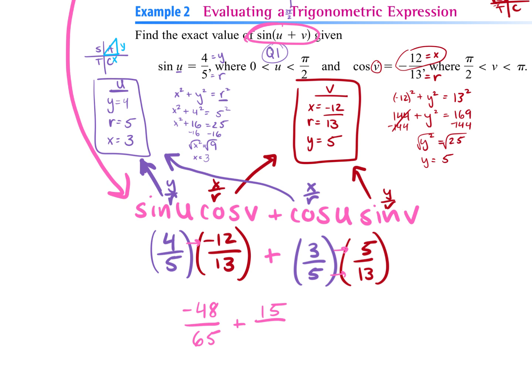Over 5 times 13 is 65. So when we add our numerators together, negative 48 plus 15 would be what? Negative 33, perfect, over 65. That would be our answer. Can we simplify? Oh, no, we can't.